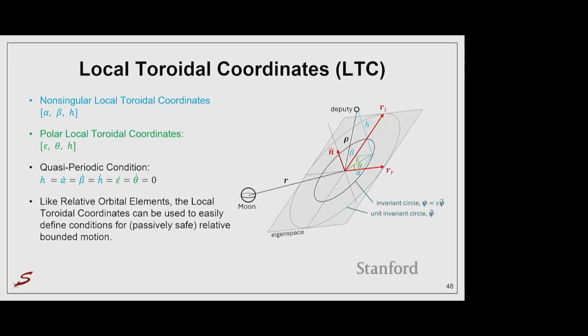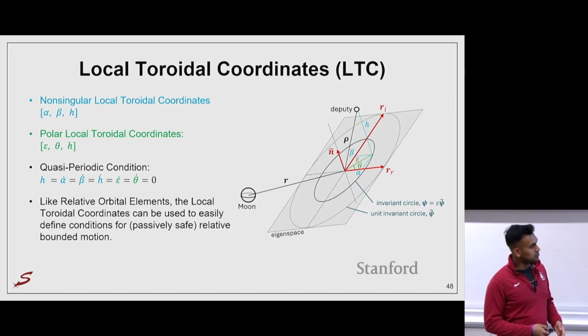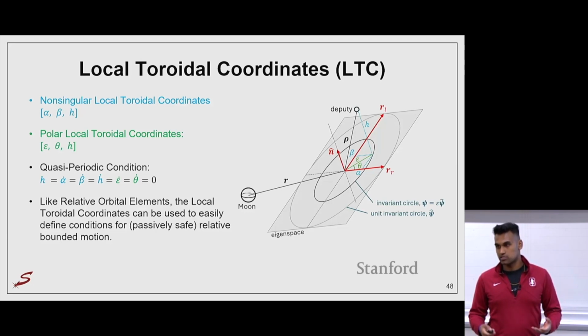And we can set a condition for quasi-periodicity, which basically sets a lot of the coordinates and their derivatives to 0, basically saying that the deputy spacecraft would have to stay on this invariant circle on the oscillatory eigenvector to be considered as experiencing quasi-periodic motion. And why would we want to define such a condition?